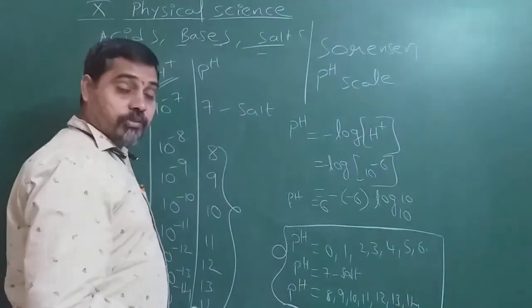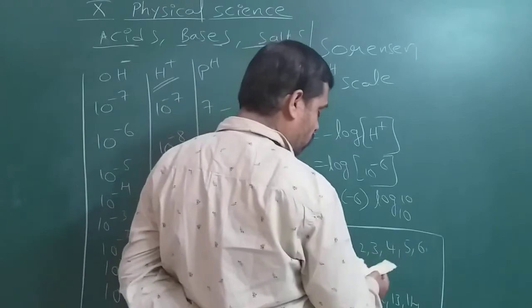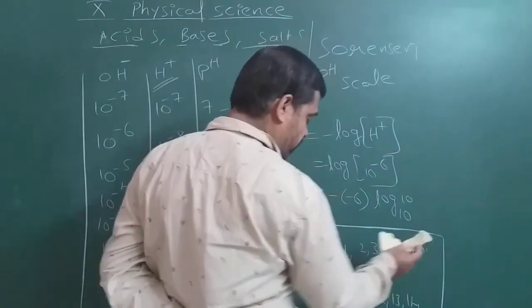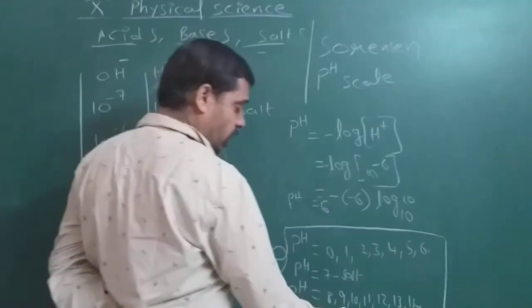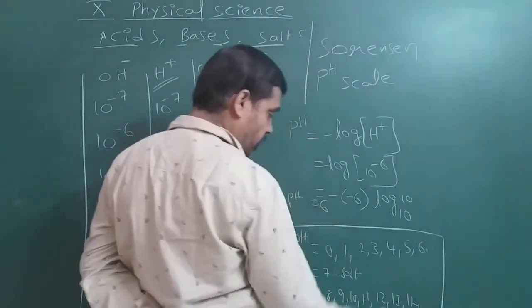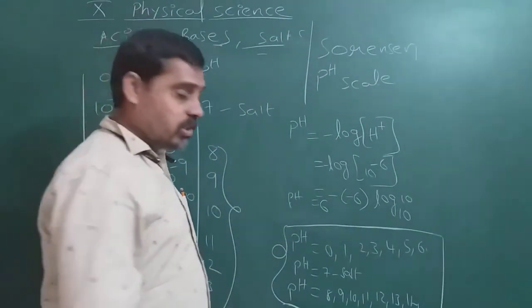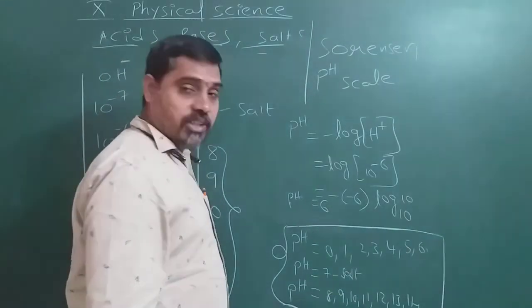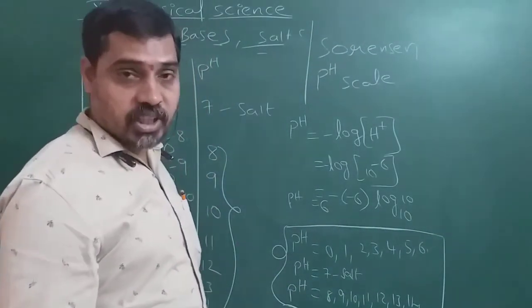What about the pH of acids? 0, 1, 2, 3, 4, 5, 6. What about the pH of bases? 8, 9, 10, 11, 12, 13, 14. That means less than 7 pH value we call acids, equal to 7 we call salt, and greater than 7 we call bases.